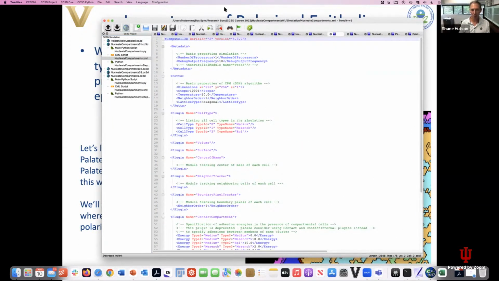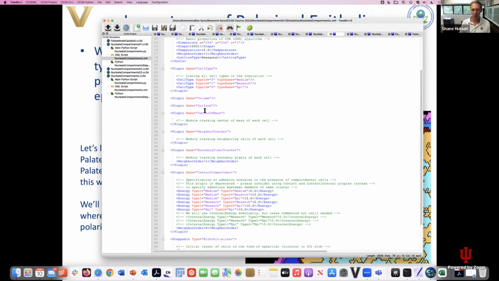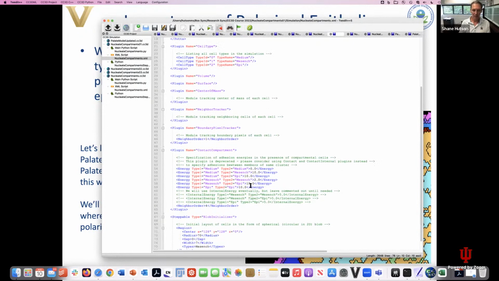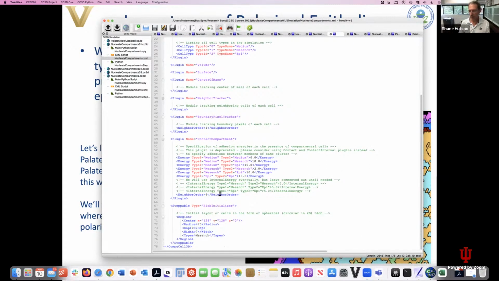That really defines all the basic parameters, like contact energies and things like that, and whether we're going to use volume and surface plugins. All of those are defined here, and the contact energies are defined, and the blob initializer is defined to really just set things up. So there is an XML file that's present.